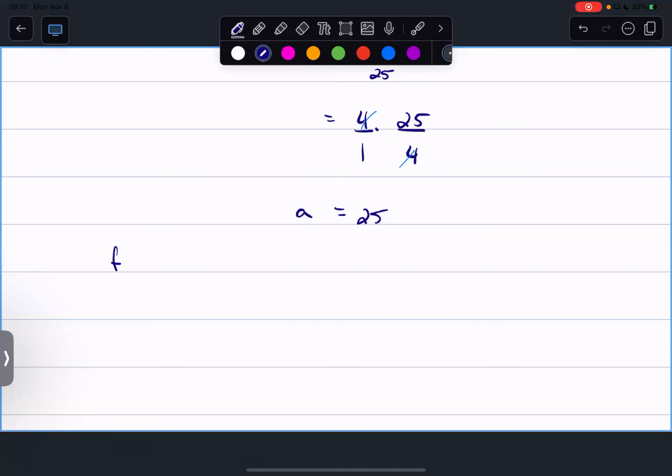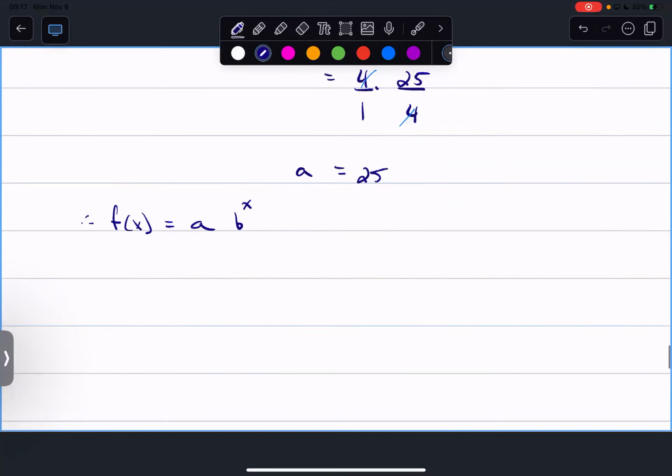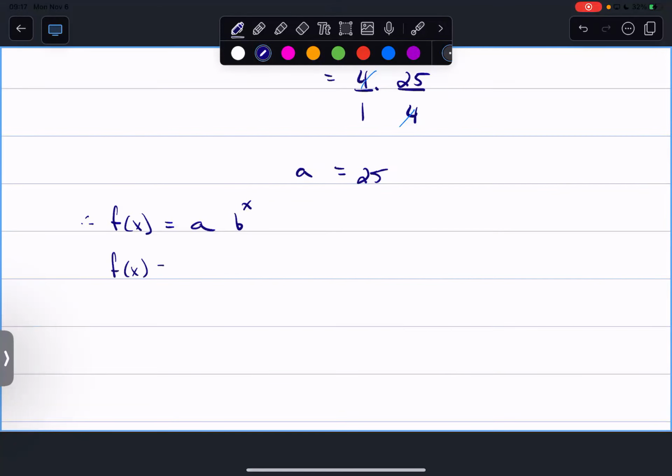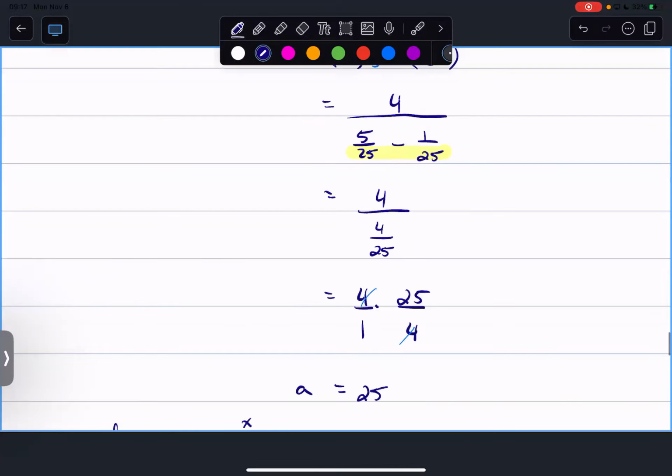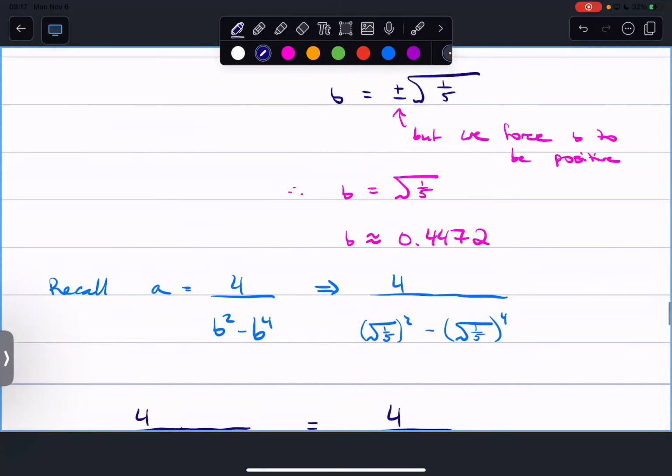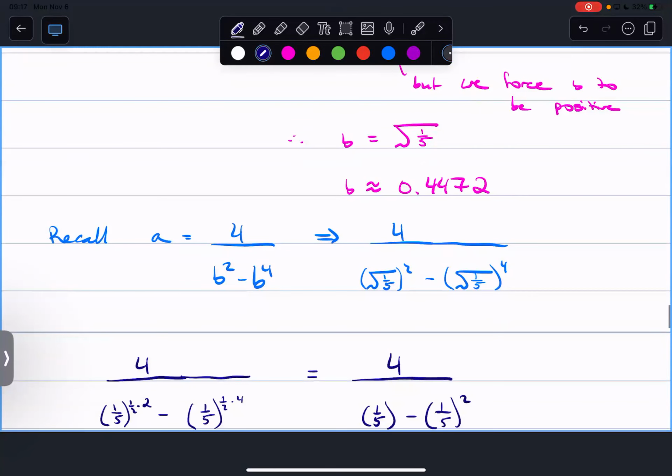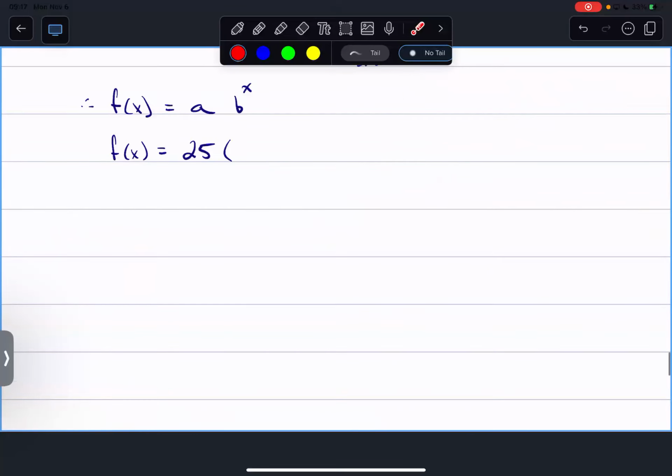And so f of x is A times b to the power of x. So f of x is 25 times, and should I use the root of beta, the root of 1 over 5 maybe, just to be proper? I'd be fine if you wanted to use the approximation, but let's just use the root of 1 over 5.